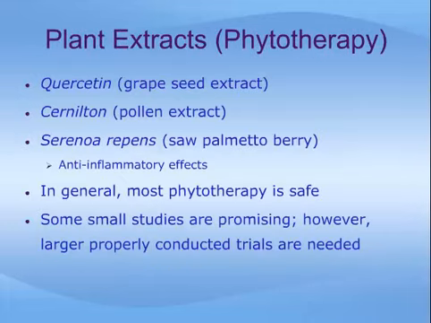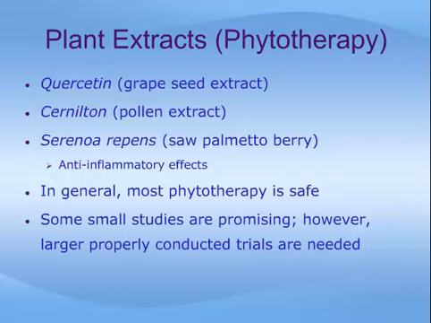The use of plant extracts, or phytotherapy, has been popular by patients with CPPS. Such agents include quercetin, an antioxidant bioflavonoid found in red wine, grapeseed, green tea, onions, and other foods, and cernilton, which is a pollen extract. These products are generally safe to take and cause few side effects.